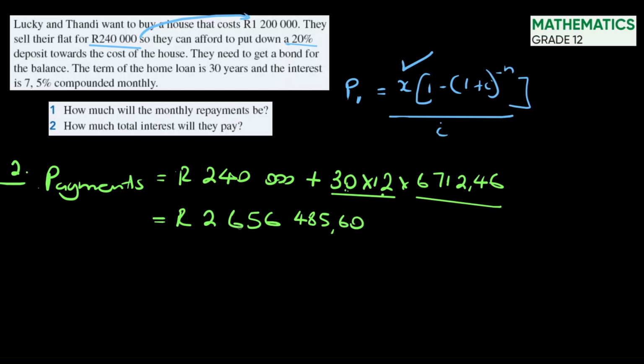Then we also need to subtract the 1.2 million. Remember, the interest that they're going to pay is this total amount minus the loan amount that they were given. So what's the loan amount they were given? It's 1.2 million.